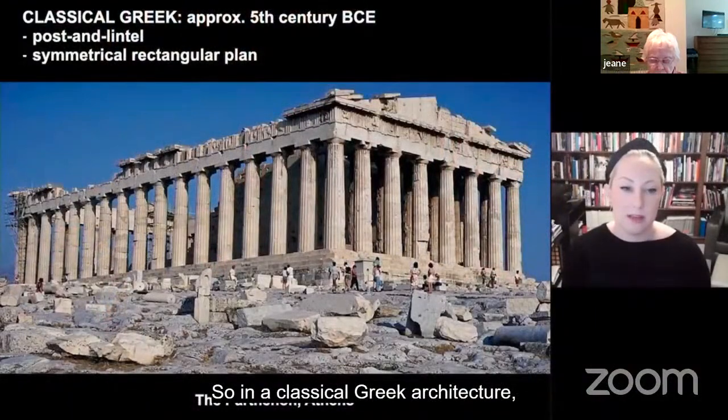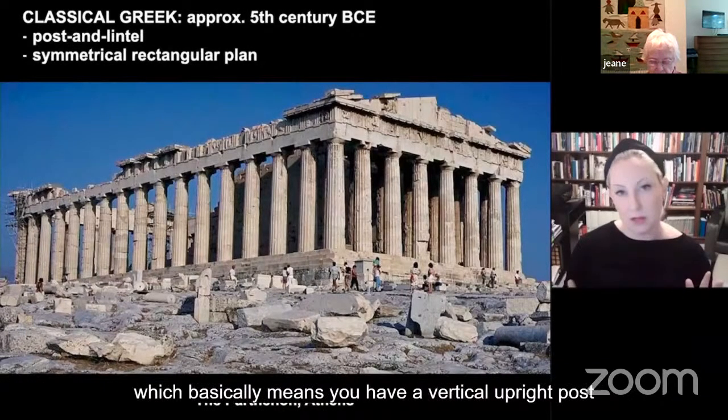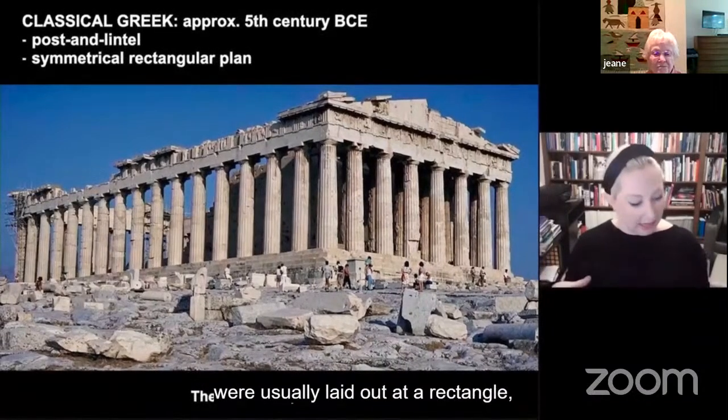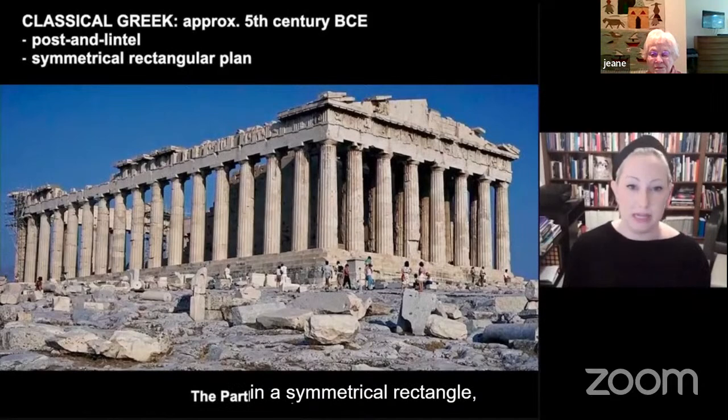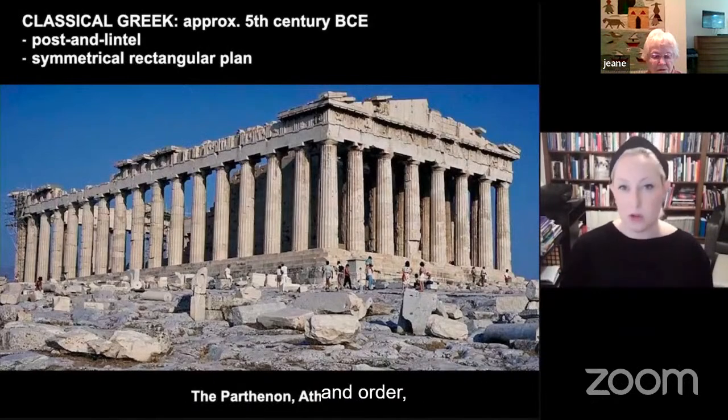So in classical Greek architecture, you see buildings that are made using a system called post and lintel, which basically means you... were usually laid out in a rectangle, in a symmetrical rectangle, giving us that association of classical art with symmetry and order and balance and rationality.